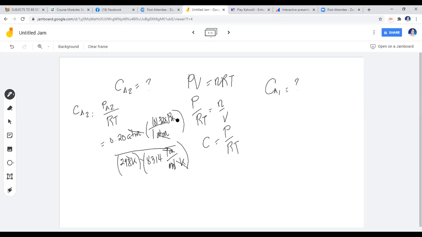Sorry, this should be Pascal cubic meter. I lack the unit for volume. So your CA2 now has the value of, can anybody compute? The unit will be mole per cubic meter.